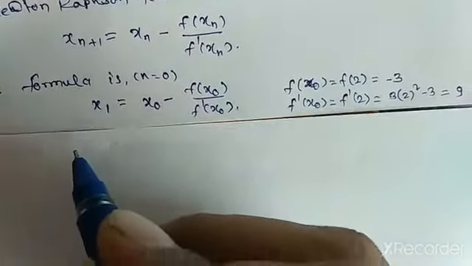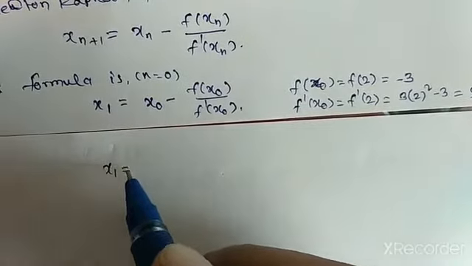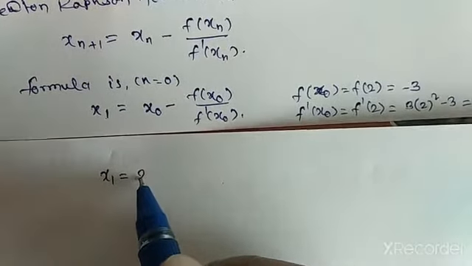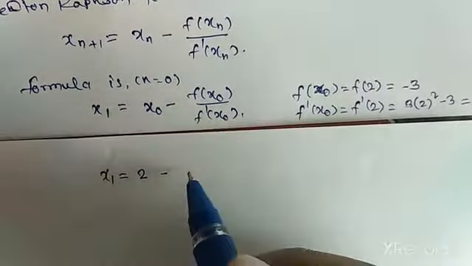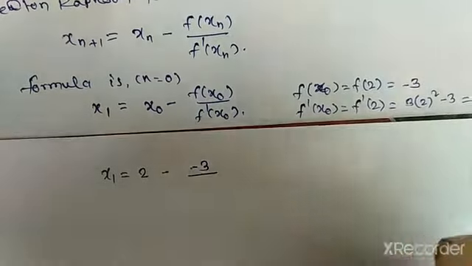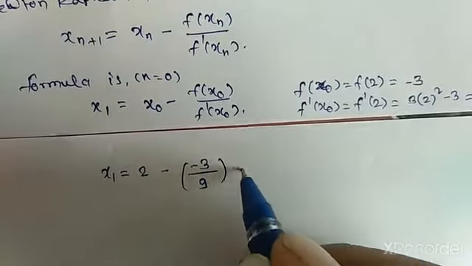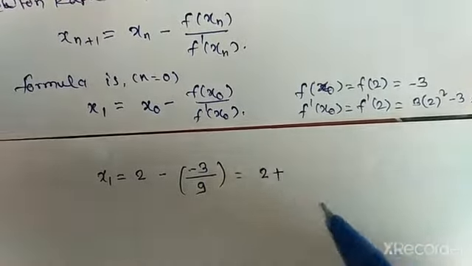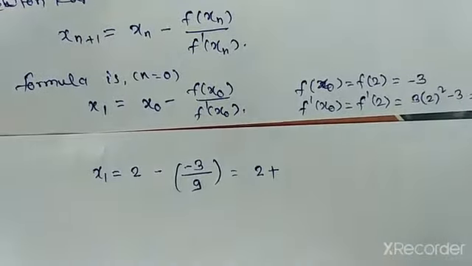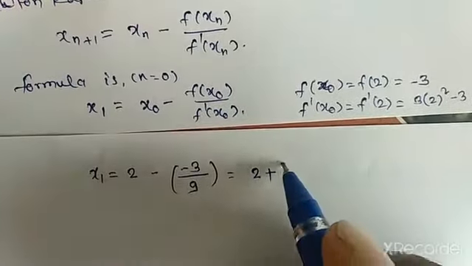So x1 will be equal to x naught, which is 2, minus f of x naught, which is minus 3, divided by 9. So it will be 2 plus 3 upon 9, or 3 upon 9 is 1 upon 3.